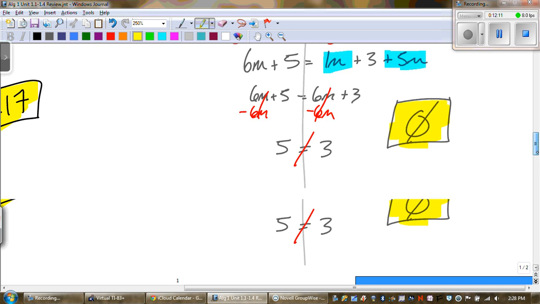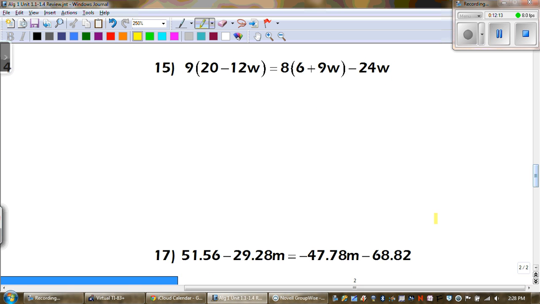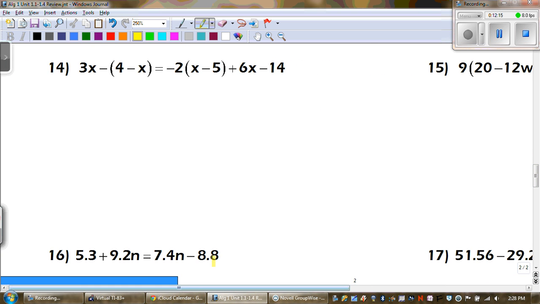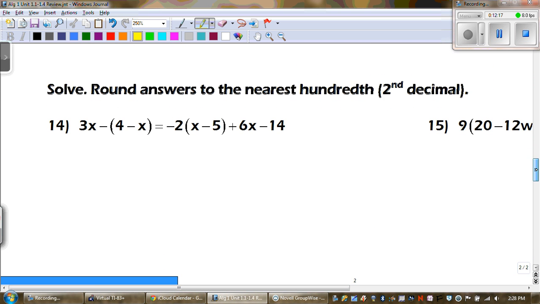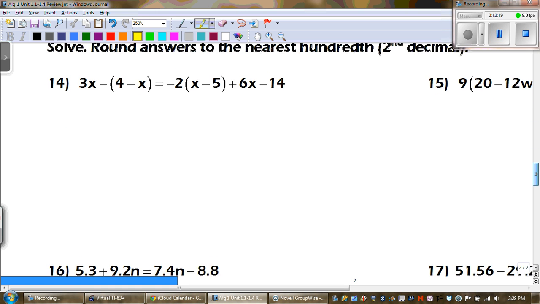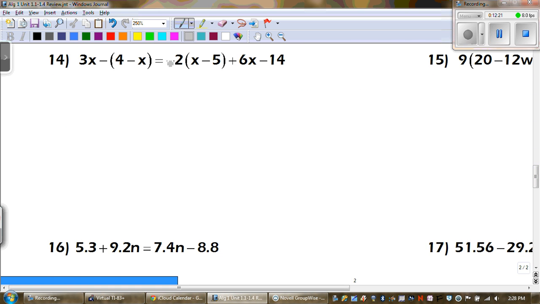All right, let's go ahead and flip it over. Now, the directions here tell us to round answers to the nearest hundredth, which is the second decimal spot. Okay? So, 14, let's go through it together. We need to distribute, and we're distributing a -1.